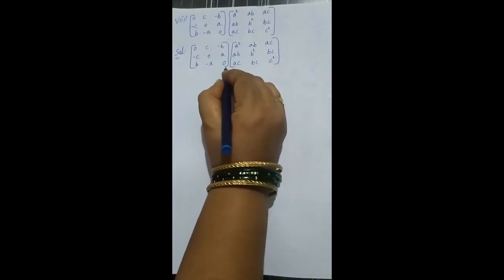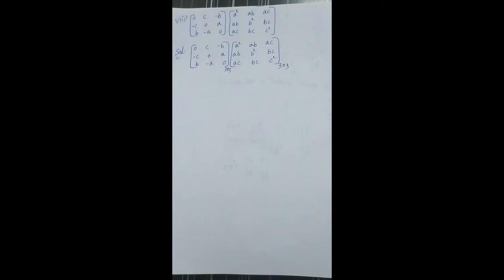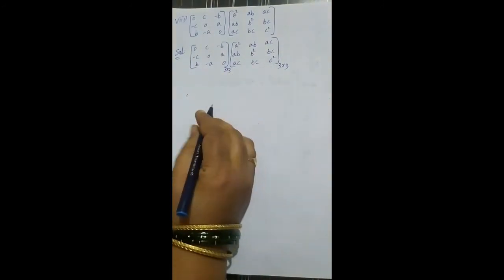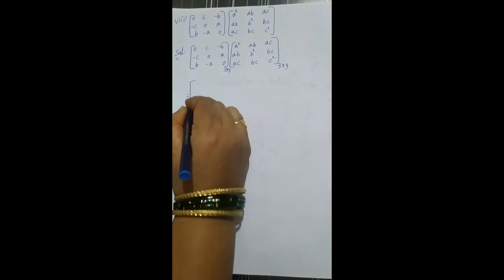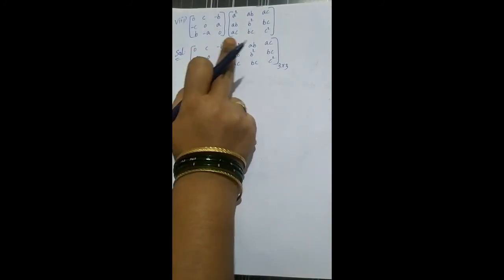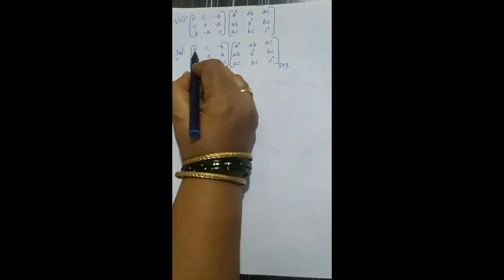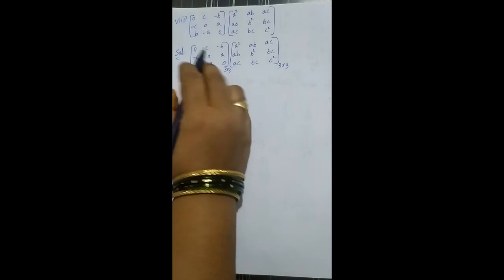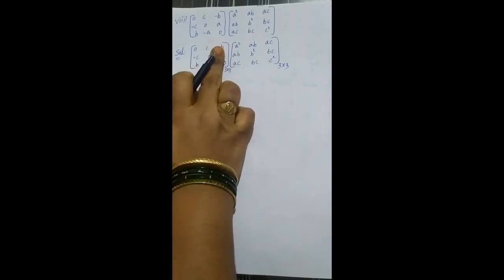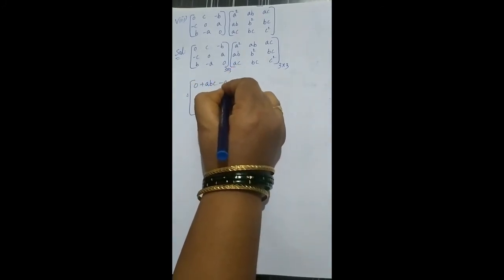The first matrix order is 3 by 3, and the second matrix order is also 3 by 3. Then the matrix multiplication is possible. That is equal to, first we multiply the first row with the first column of the second matrix: 0 into A squared 0, C into AB plus AB, ABC minus B into AC minus ABC.